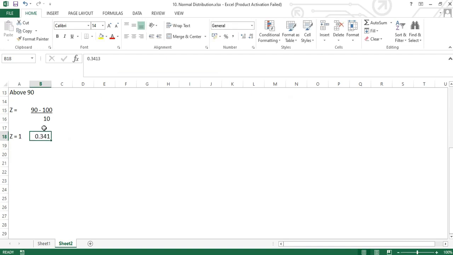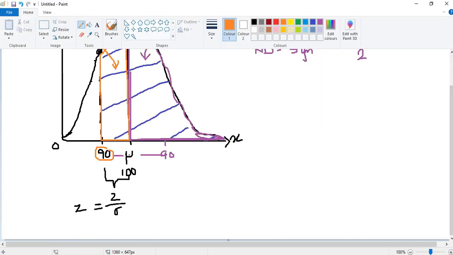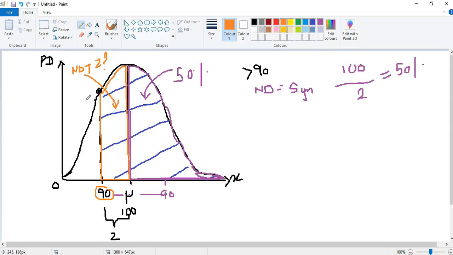That means if you take the percentage, this is 34.13%.